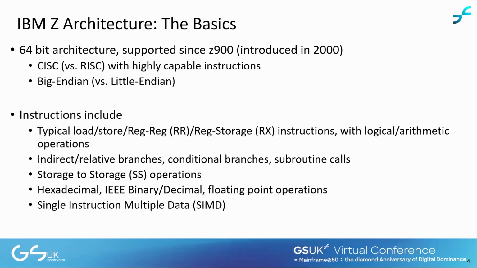We have all sorts of branches. You have indirect, where you specify the branch target like you would a storage or an operand address. You have relative branches where you specify a displacement relative to the branch's instruction address to identify the address of the target.